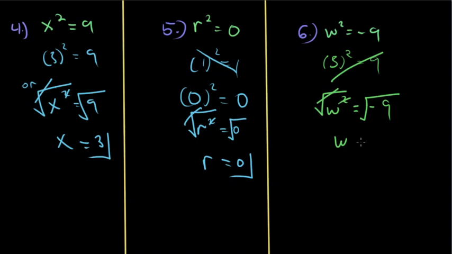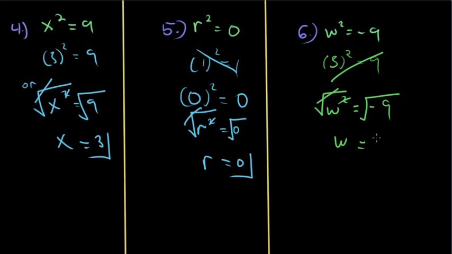Meron kang W. And then, again, ang hirap mag-isip ng square root of negative 9. Ano yung number na kapag minultiply sa sarili, magiging 9? Kagaya ng ginawa natin sa trial and error, 3 times 3 is not positive 9, not negative 9. So maybe, there's no solution to this equation.